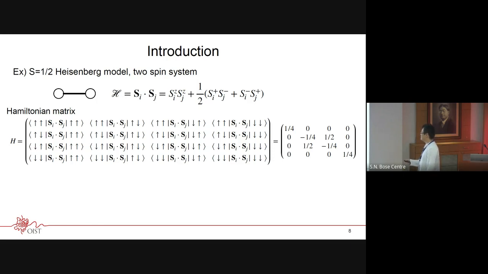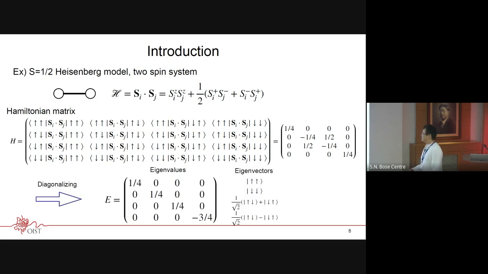After the actual calculation, we get this simple form of the matrix Hamiltonian, and it is easy to diagonalize, and we can get the eigenvalues and the eigenvectors. There you can get the symmetric state as the ground state of this two-spin system, and the triplet states as excited states. That's easy to diagonalize.